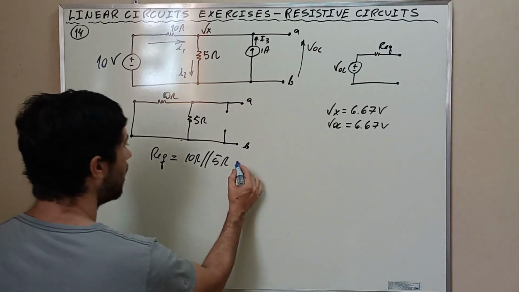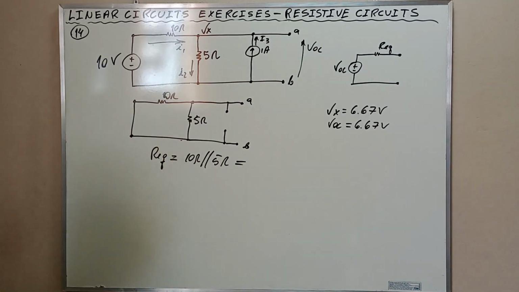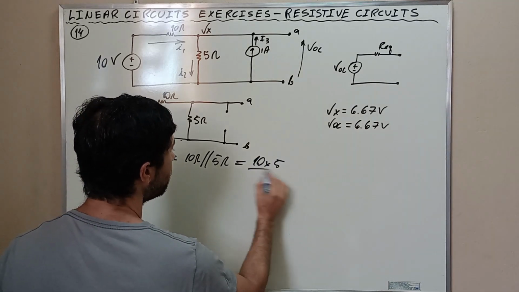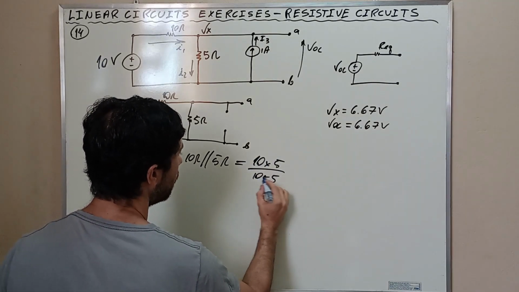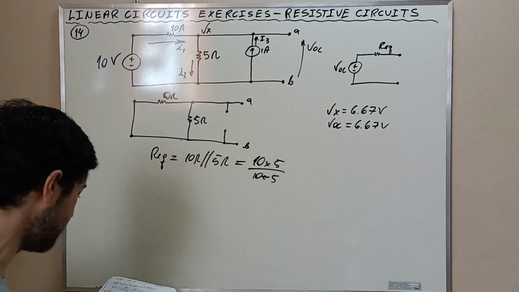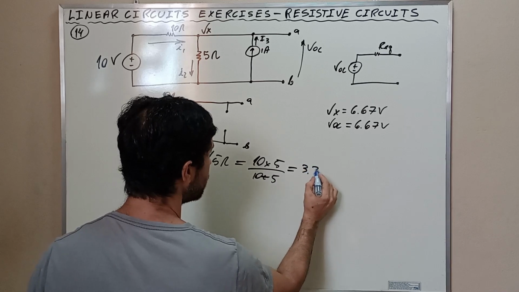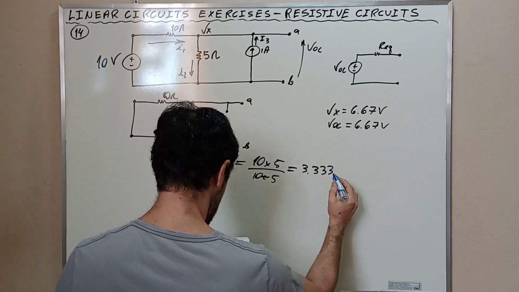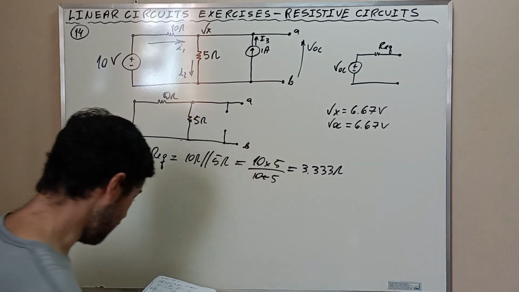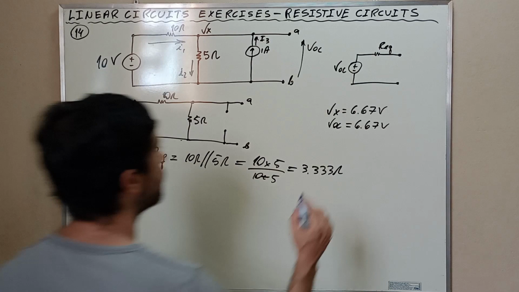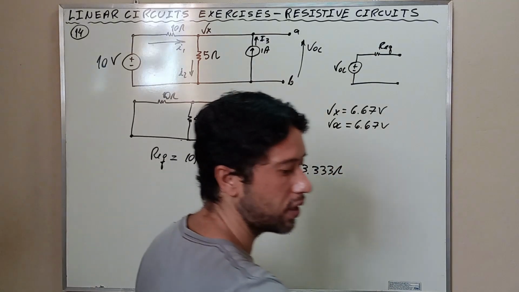And how do we calculate the parallel connection? It is the product divided by the sum. Okay, the product divided by the sum, and if we calculate, we find 3.333 ohms. Okay, and my friends, this is precisely the equivalent resistance that we want to find.